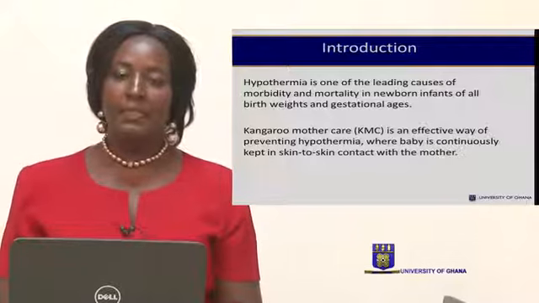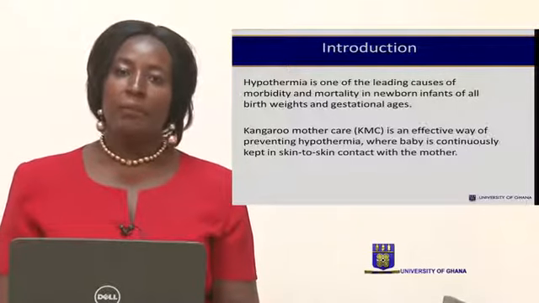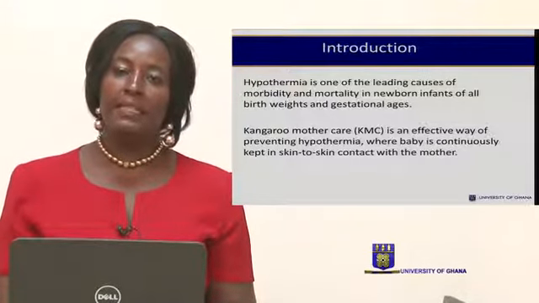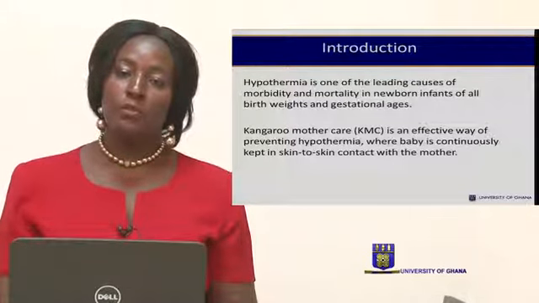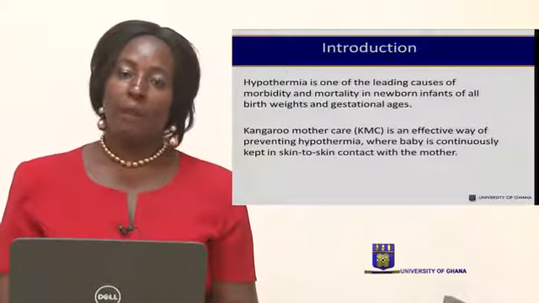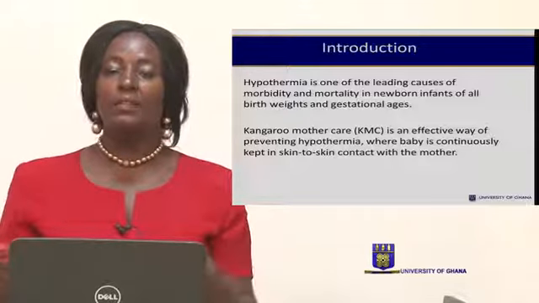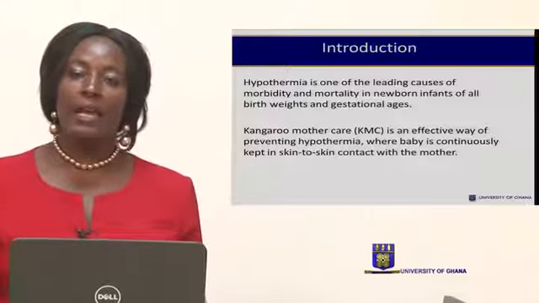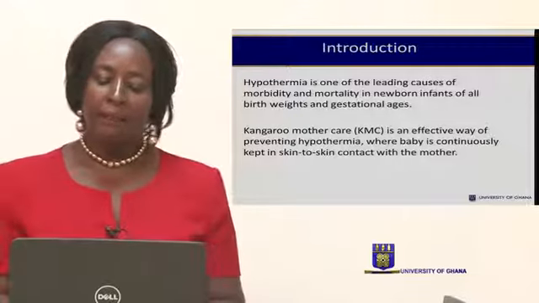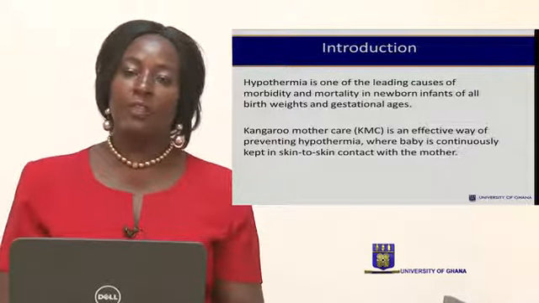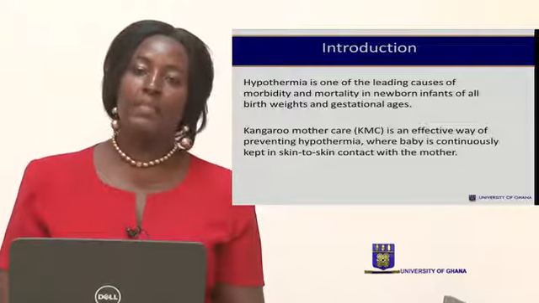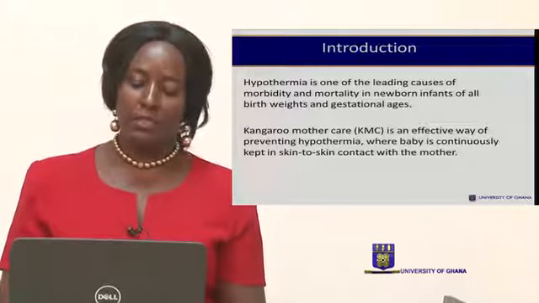And we know that in our setup, the babies who are preterm are also predisposed to hypothermia because they don't have good flexion, the muscle tone is poor, so they are all stretched, and given the porosity and permeable nature of their skin and lack of keratin, they are predisposed to heat loss.